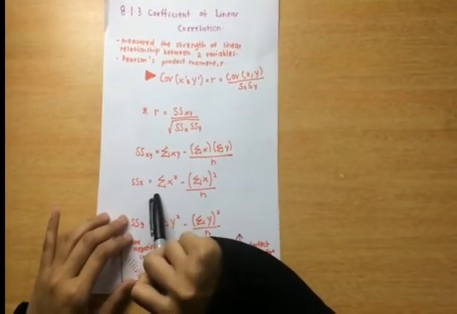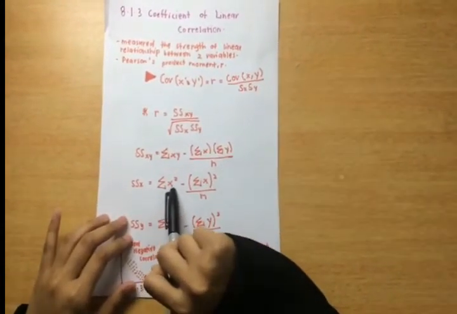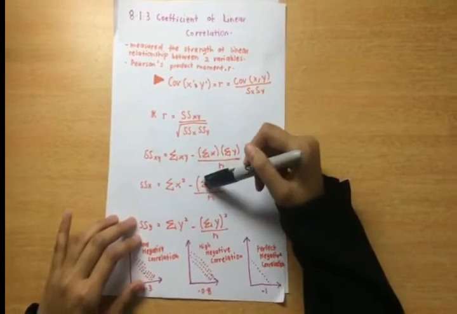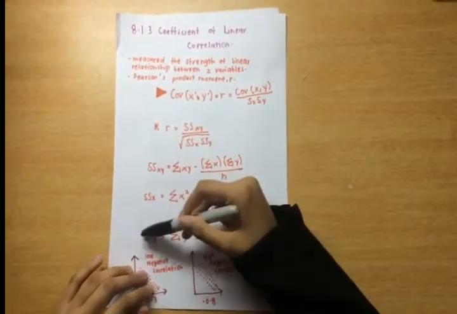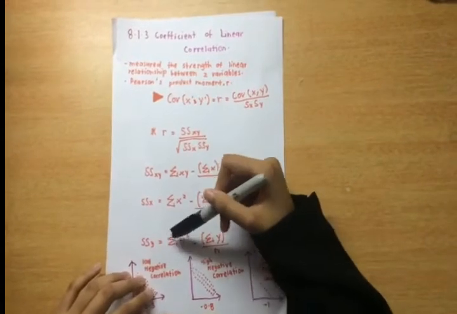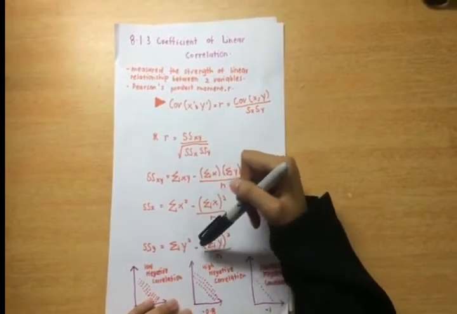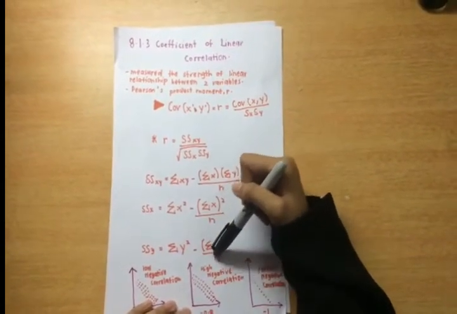SSX is total x squared minus total x, squared, over total data. SSY is total y squared minus total y, squared, over total data.